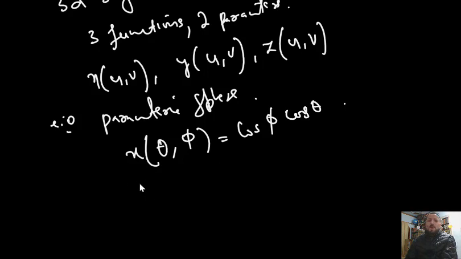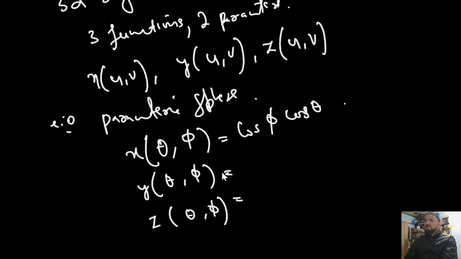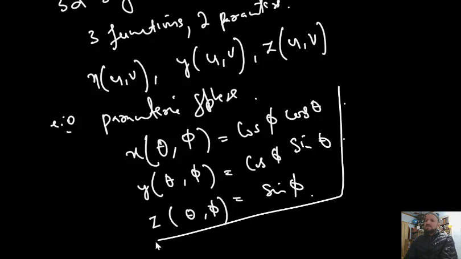For y we have a formula with theta and phi, the two parameters, and for z also theta and phi. The formula for y is cos phi sine theta, and for z we have only sine phi. So this is the parametric representation of a sphere.